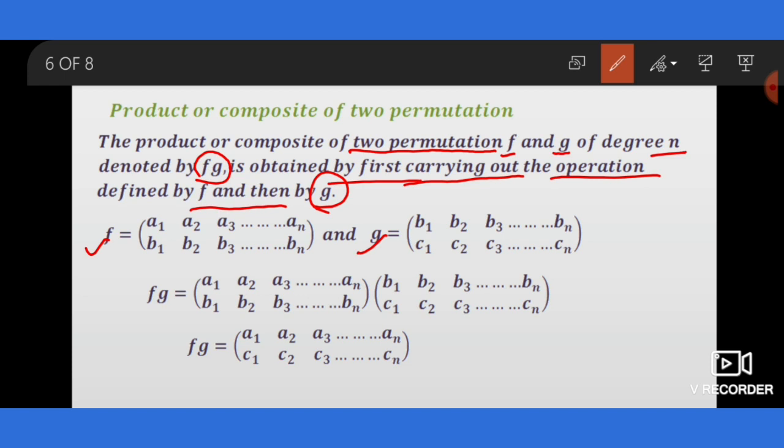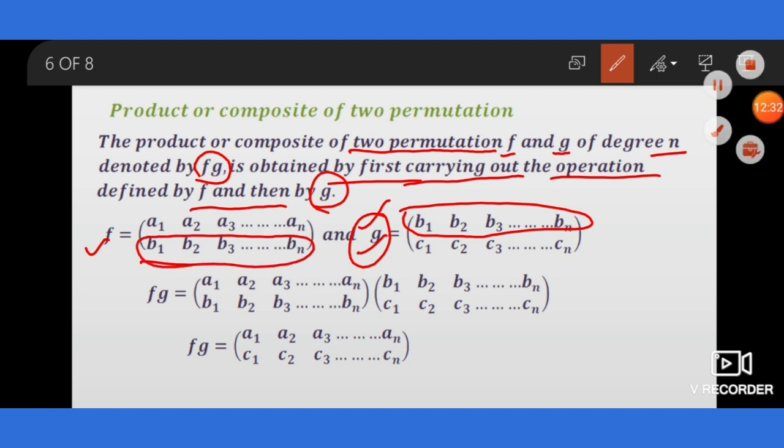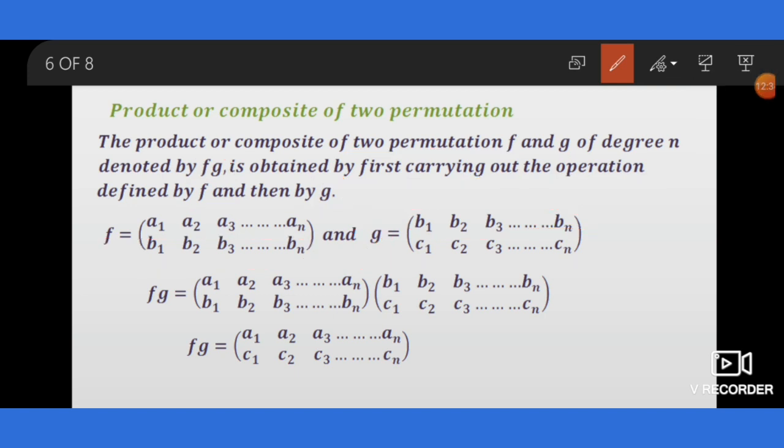Here the permutation g has been written in such a way that the first row of g coincides with the second row of f. Now the product of the two permutations f and g is written as fg equal to this.